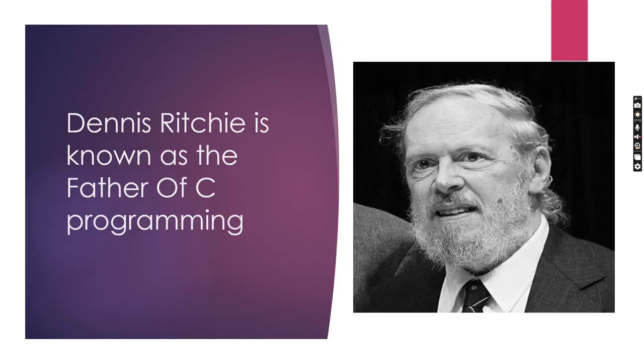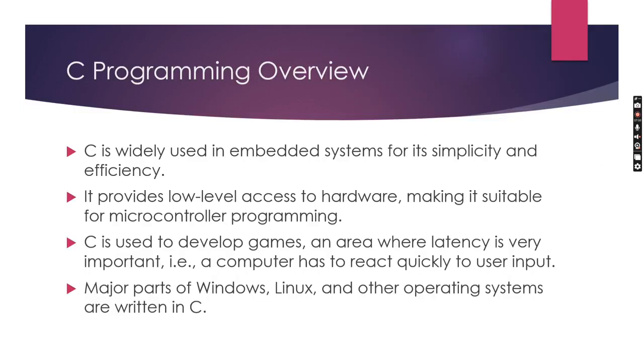Dennis Ritchie is known as the father of C programming. In 1970, Dennis Ritchie developed C programming, which is a successor of previous programming languages like COBOL and others. This is a brief overview of the C programming language.